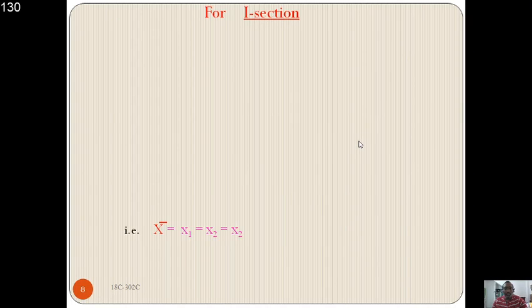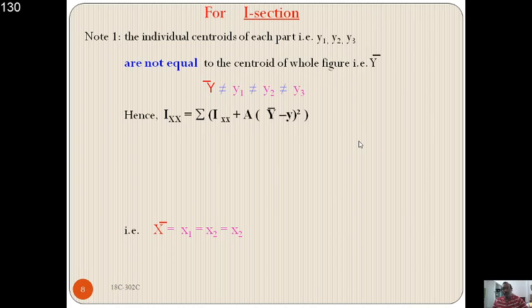So for the I section, let us see the calculation procedure. Here you can see that if this is an I section, and we are going to find Ixx, you need to locate the total centroid.